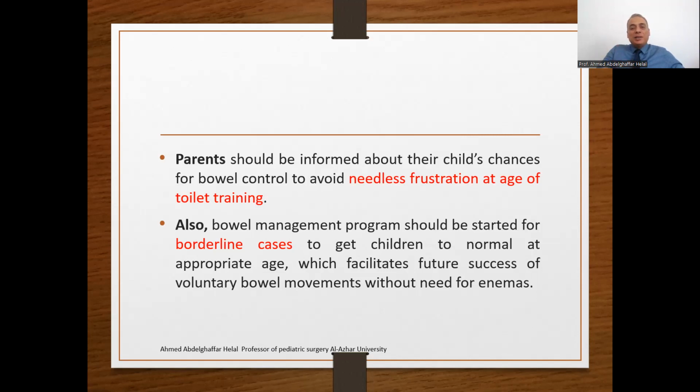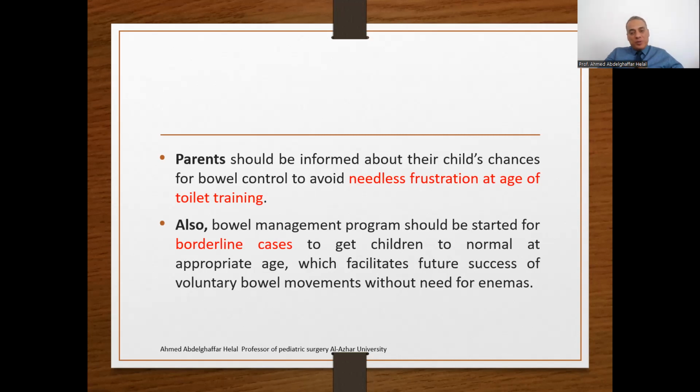Describe that the child may have a chance for bowel control of about 10%, about near to half, or more than 90%. To avoid needless frustration at the age of toilet training, these parents may be surprised with their child at the age of 4 years with fecal soiling and true fecal incontinence. So please inform the parent.